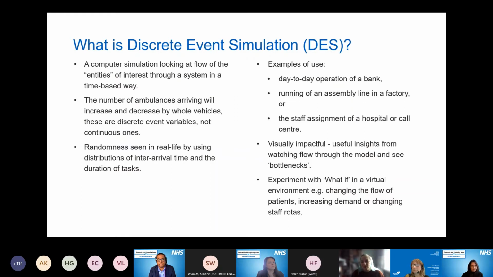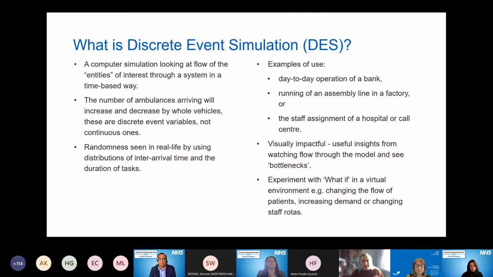There's various examples of where discrete event simulation has been used. It's common to see examples from other industries, from banks, from factory production lines, but in health there are some common examples of it being used for staff assignments at hospitals or call centres as well. We use them because they're visually impactful, so it helps stakeholders to see patients flowing through their system, to see where the bottlenecks are, and that in itself generates a conversation.